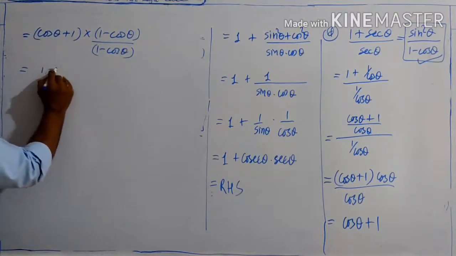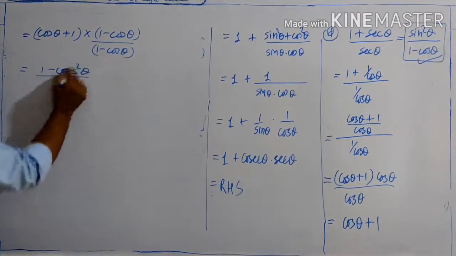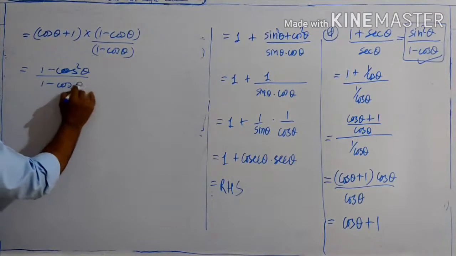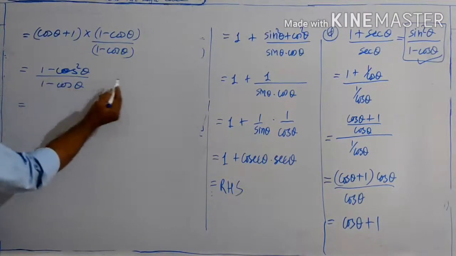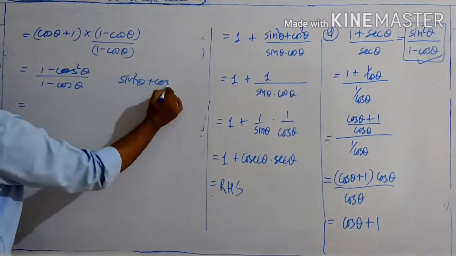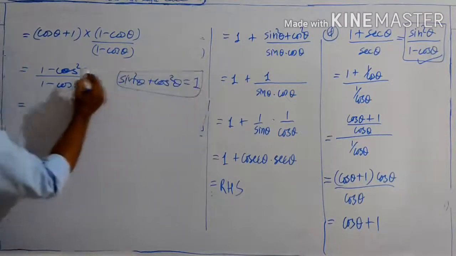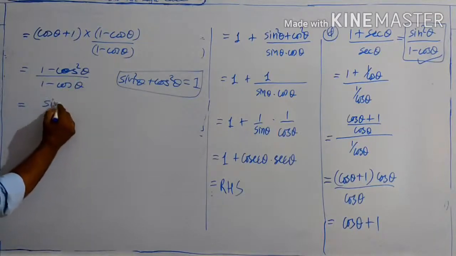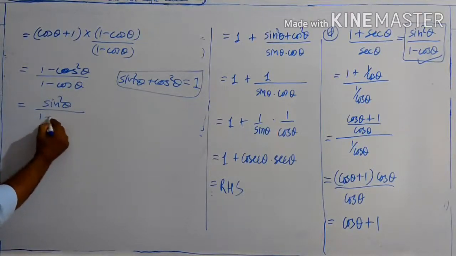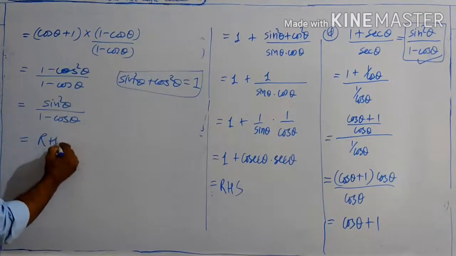So we will get 1 square minus cos square theta divided by 1 minus cos theta. As we know the identity sin square theta plus cos square theta is equal to 1. So using this identity, we can say the numerator is sin square theta divided by 1 minus cos theta, and this is the right hand side.